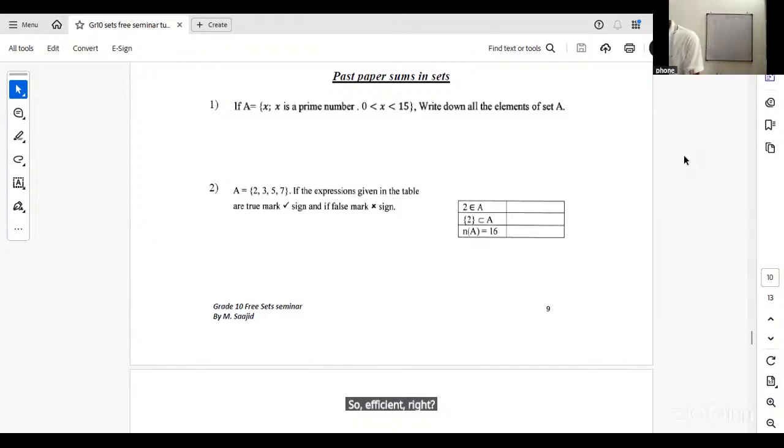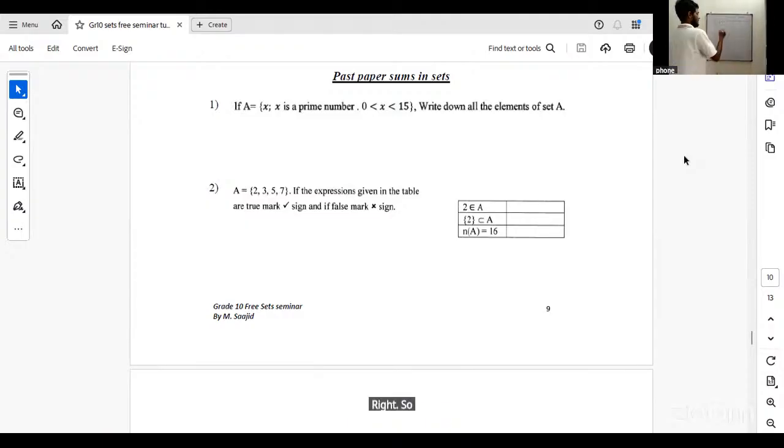A is the set of x such that x is a prime number and x is greater than 0 and less than 50. Find all the elements of the set: the prime numbers between 0 and 50.